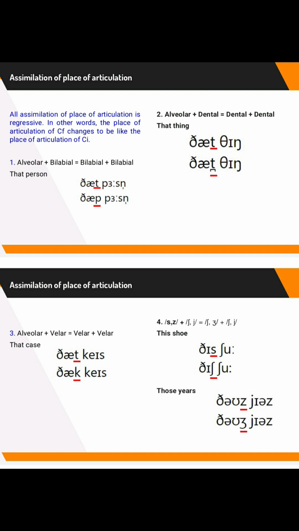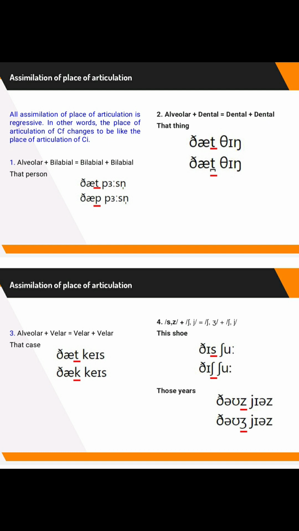The alveolar CF changes to be like the velar CI, as in, that case becomes that case. And 4. S or Z, when followed by SH or Y, S changes to SH and Z changes to ZH, as in, this shoe becomes this shoe, and those years becomes those years.